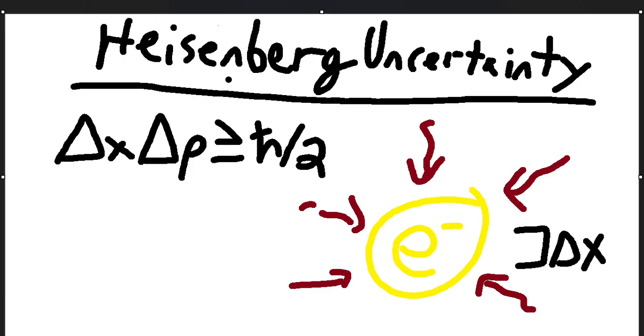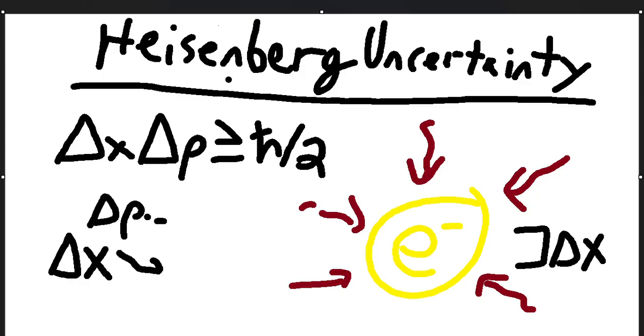It's like the little space that we've confined the electron to. Well, all this means is that when delta x, the space uncertainty, is really small, the delta p, the momentum values, can range quite a bit.